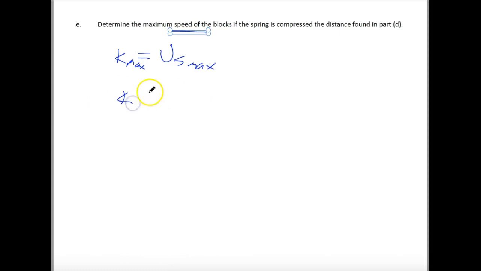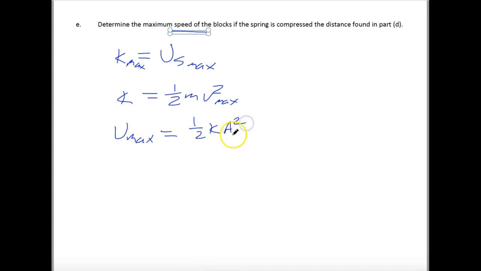So here we're just going to say K max is equal to 1/2 of mv squared, and that is the maximum velocity. U, which is the spring potential energy, is equal to 1/2 K times A squared, and that is at that maximum.